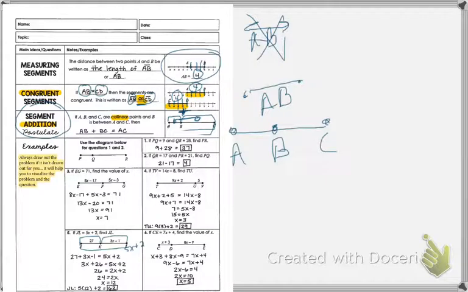You know that K to L is 3x minus 1. So if you follow the math, you're going to have to add these two and set them equal to the whole.